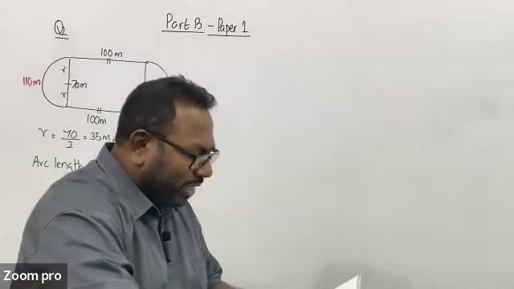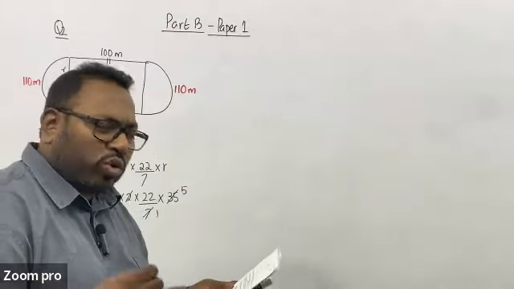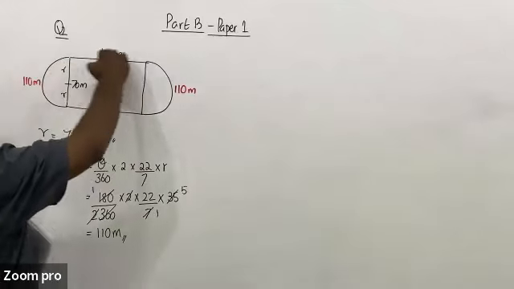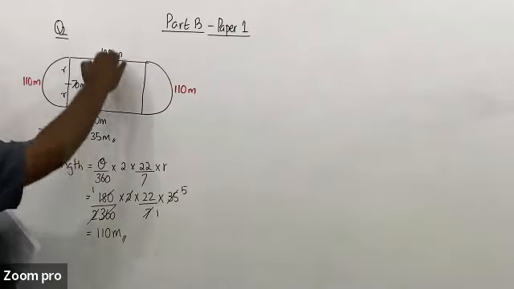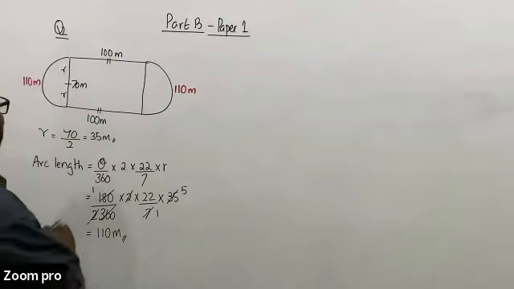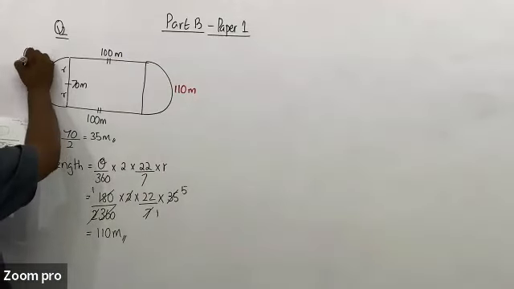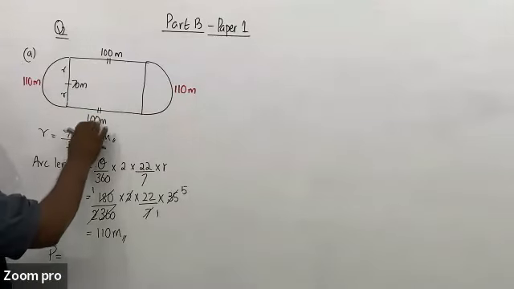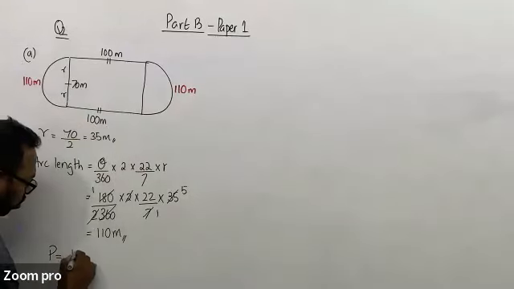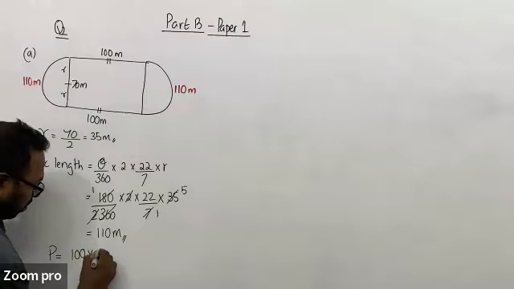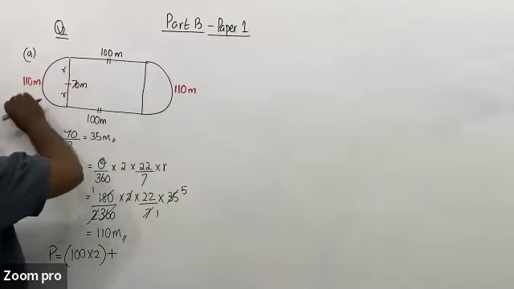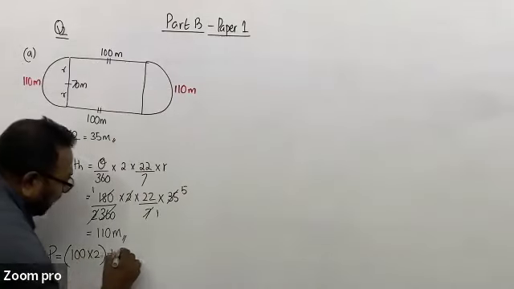Now the question they're asking is what is the total length of the boundary of the land? The addition of all the exterior lengths is going to give you your total length. So part A, they're asking you to find the perimeter. Perimeter is equal to 100 multiplied by 2 plus your arc length 110 on both sides.